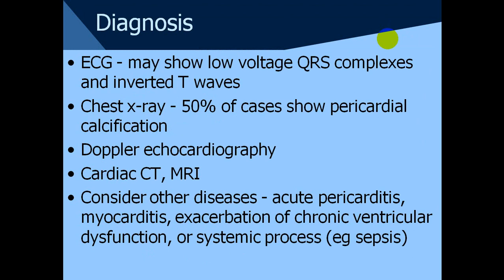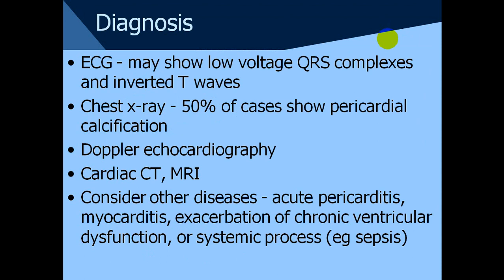Diagnosis: ECG may show low voltage QRS complexes and inverted T-waves. On chest X-ray, 50% of cases show pericardial calcification, which is important in the diagnosis. Doppler echocardiography is essential. Cardiac CT or MRI is sometimes used to show thickening of the pericardium.